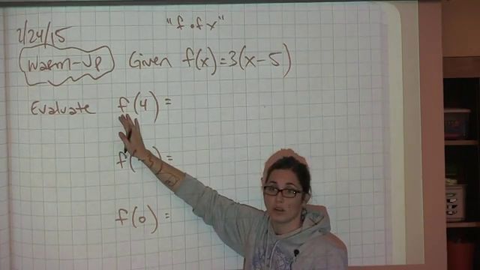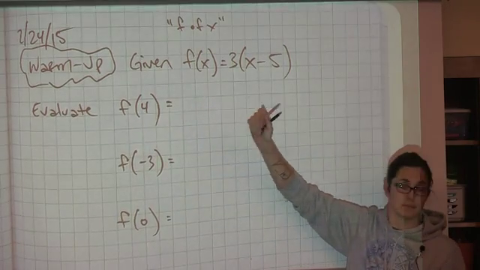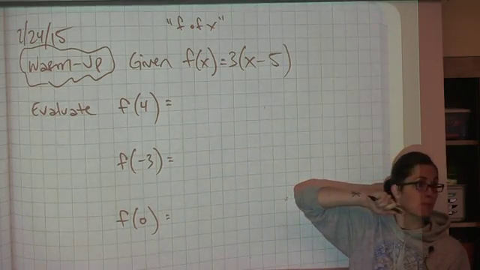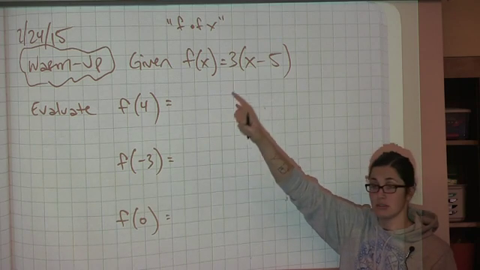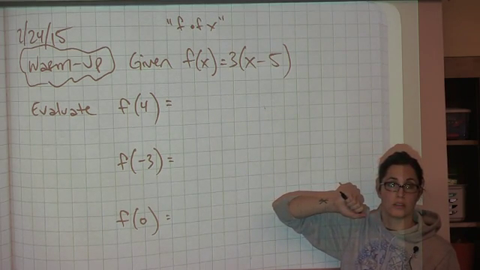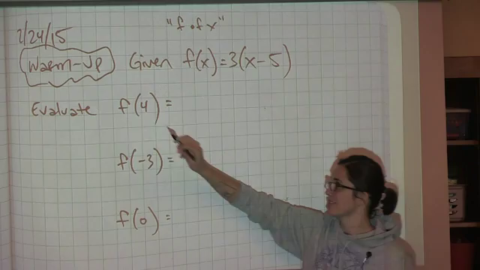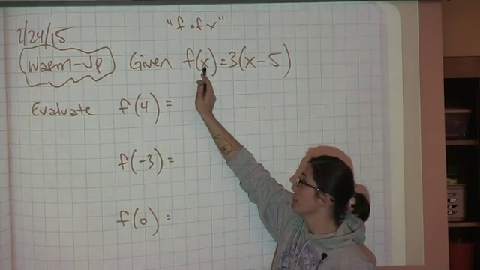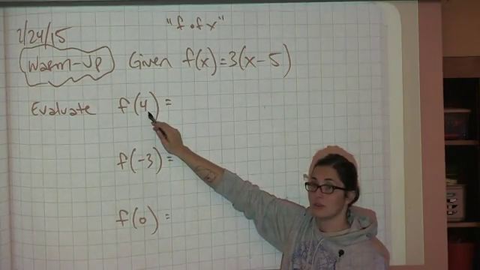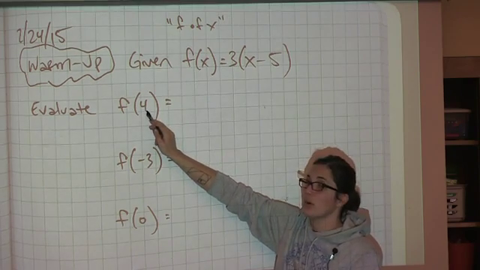Here we had f of 4. What happened? Charlie? Look, instead of x, what do I have? 4. I plugged in 4 for x.